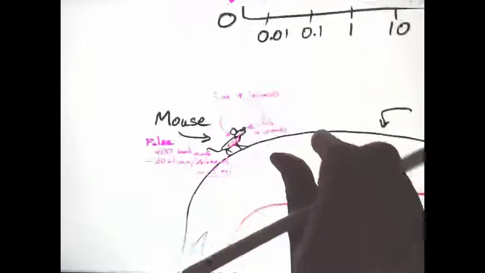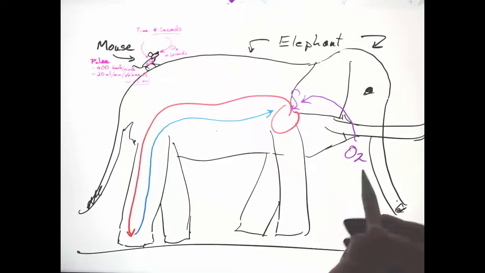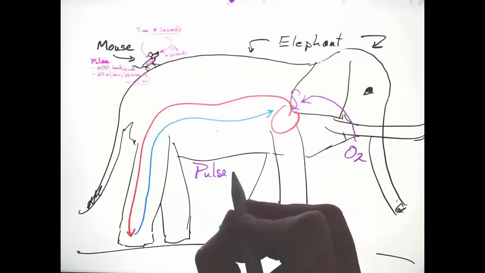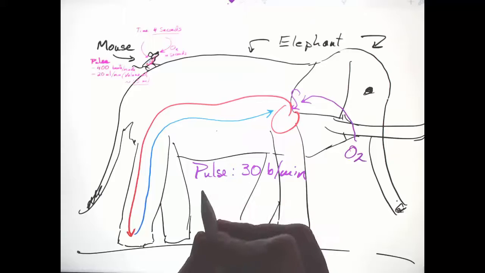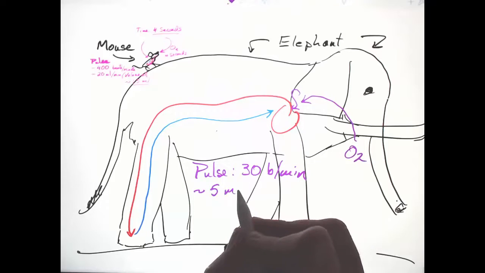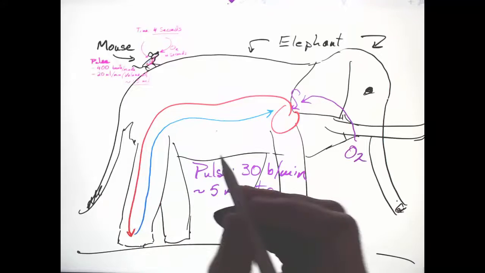Now let's compare that to what happens in the elephant. The elephant has a pulse rate of about 30 beats per minute. It requires approximately 5 minutes to move blood through the system and back.